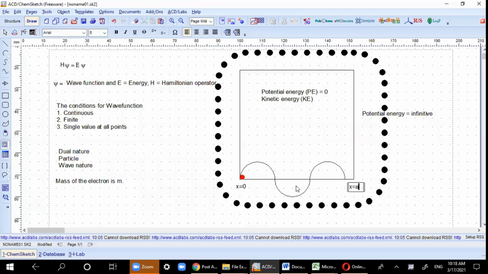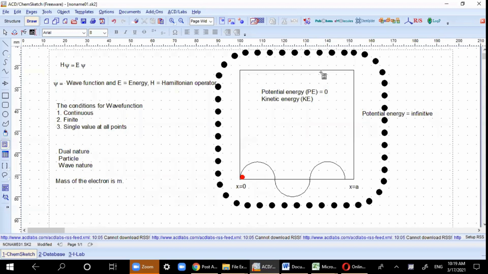Why are we going to solve for energy and wave function? If you solve energy and wave function, we can clarify so many complications. Whether the electron exists or not, what is the position, what is the orientation, what is the energy, these types of questions can be answered if you derive the solution for H psi equal to E psi.